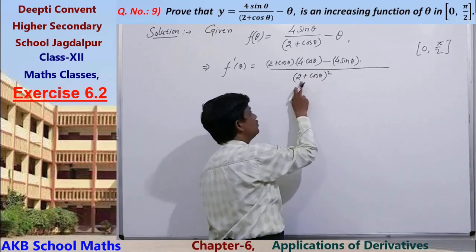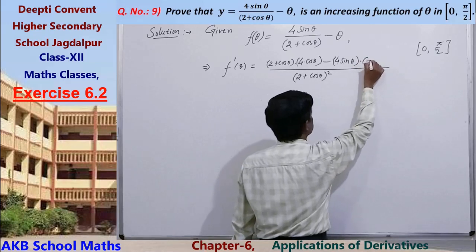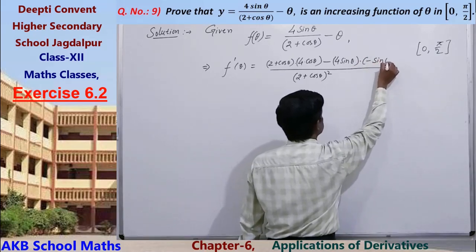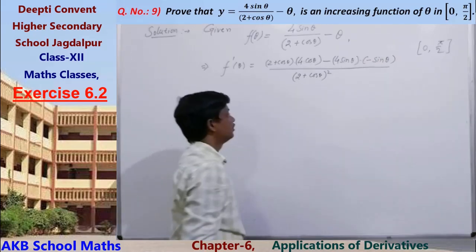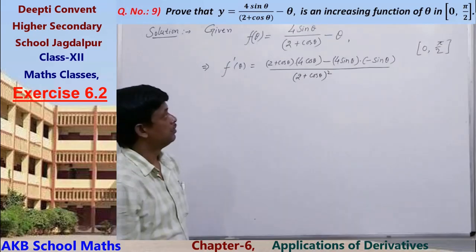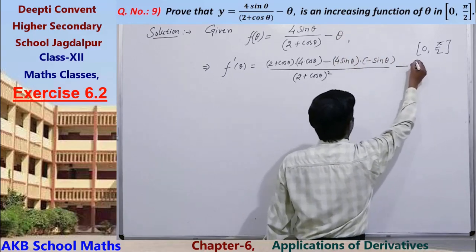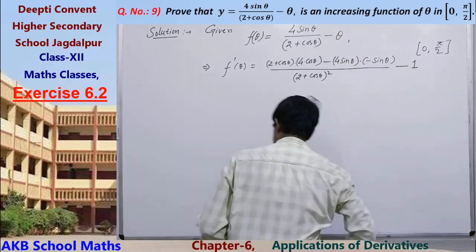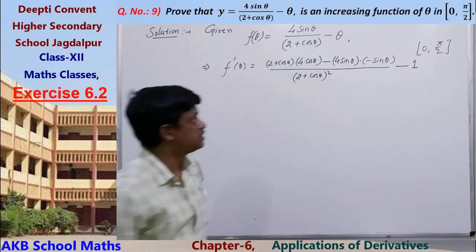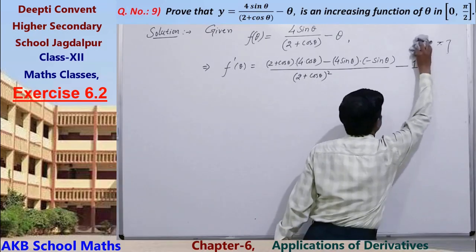Derivative of 2 is 0, cos theta is minus sin theta. Okay, minus derivative of theta, 1. Clear? So this is the derivative. Now solve it.